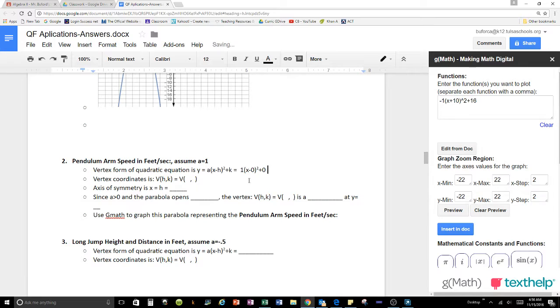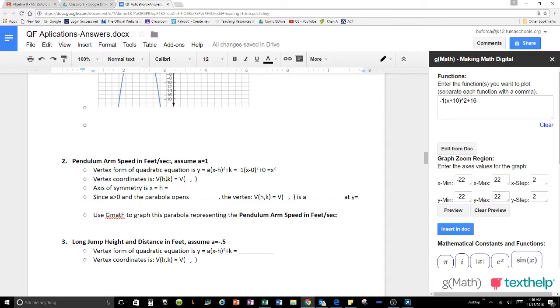But since those are all zeros, what this really is just saying is x squared. So we're really just saying y equals x squared.